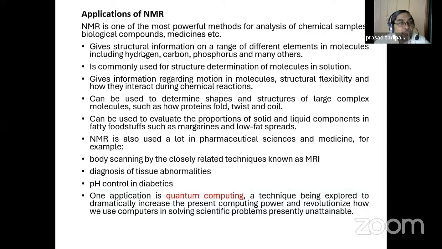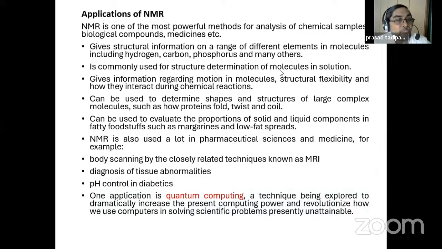It gives structural information on a range of different elements in molecules, including hydrogen, carbon, and phosphorus, and many others, and how they are arranged. From that, you can get the structural information in a molecule, how the hydrogen and the carbon are placed, and for structural determination of a molecule in solution also, you can find out.